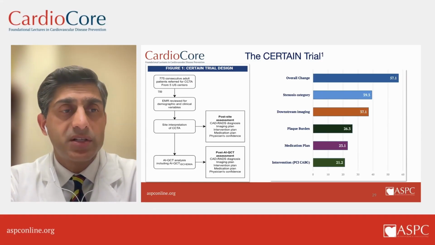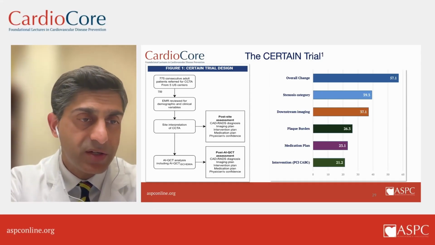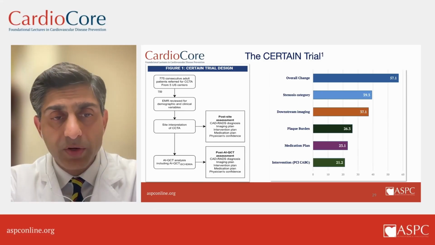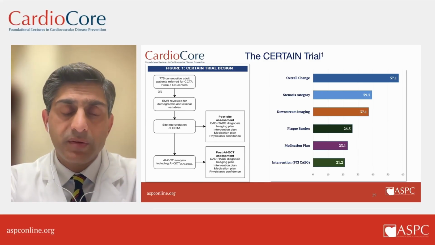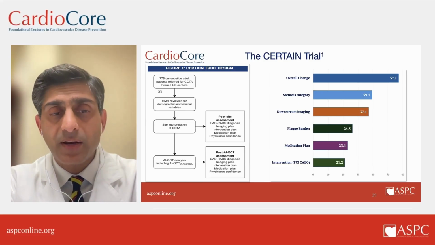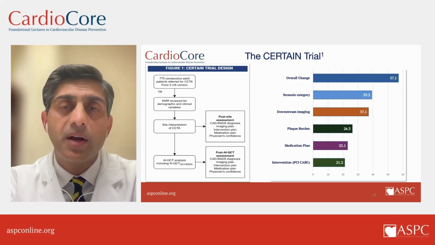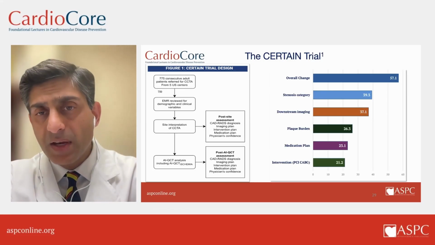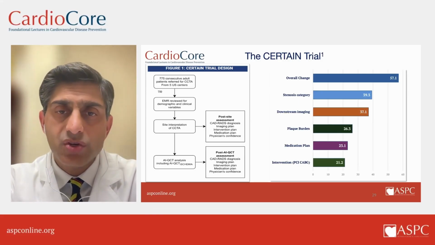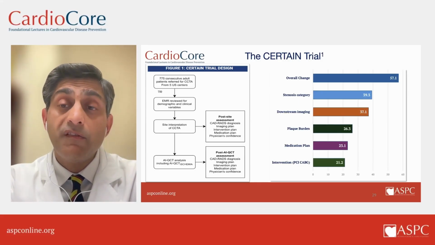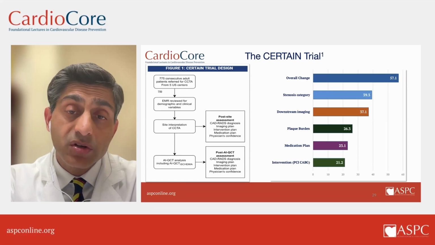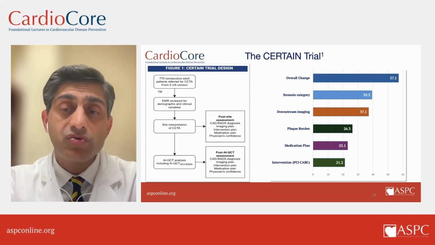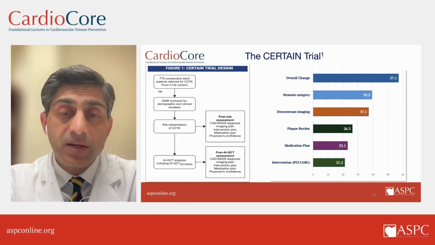This is a trial of about 780 patients across 5 US centers, where the CCTA analysis was performed, looking at the diagnosis, imaging plan, etc. The point I would like to make here is that when this trial was done, there was a 57% change in therapy. There was a 40 odd percent change in stenosis category. There was a 37% reduction in downstream imaging, and so forth.